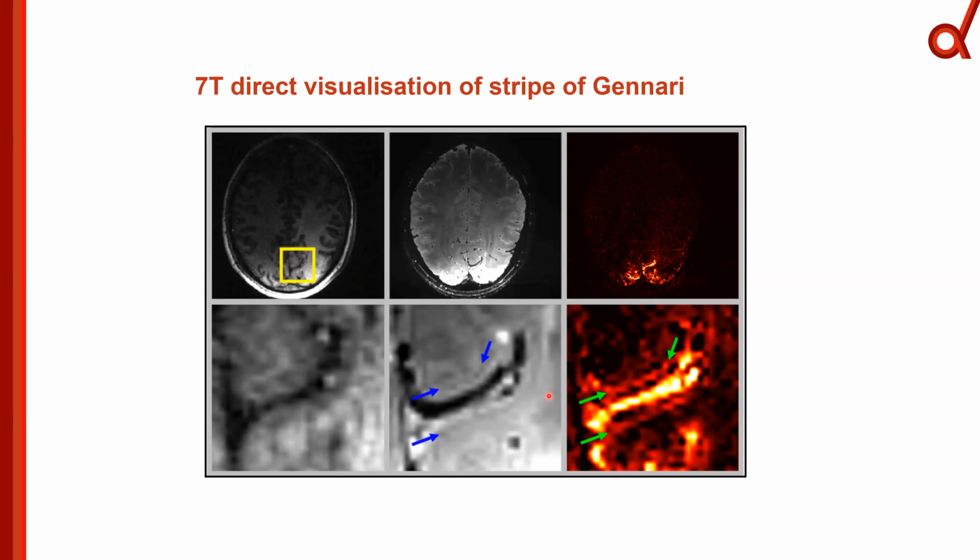We also tried at 7 Tesla, and this was just a single subject measurement at 7 Tesla with gradient echo. And you see here the anatomical image, the T2* weighted image, the activation map, and then you zoom in on them, calcarine sulcus, with the stripe of Gennari in the blue arrows. And actually in this particular subject, who was exceptional, you could see the activation again in the stripe of Gennari.